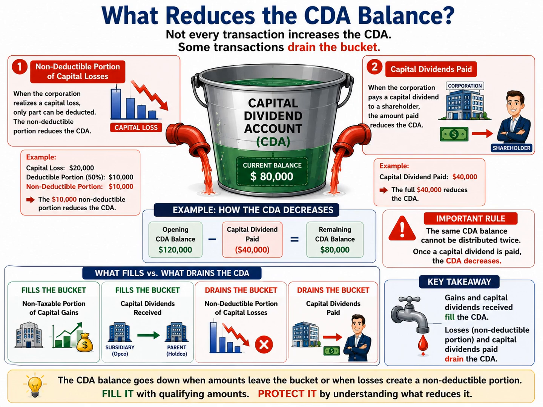If it pays a capital dividend of $40,000, the remaining CDA balance becomes $80,000. A very important rule is that the same CDA balance cannot be distributed twice. Once a capital dividend is paid, that portion of the CDA has been used and must be removed from the account. This is why capital dividends act like money leaving the bucket.